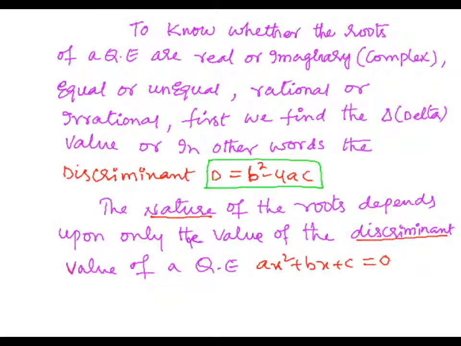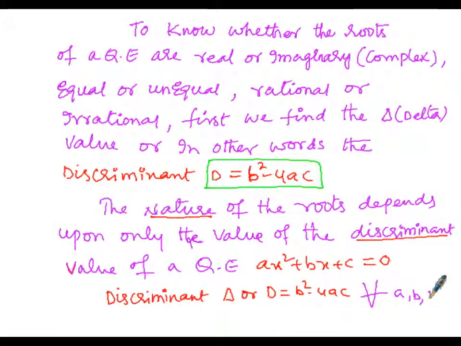Now here the discriminant delta or D is given by b square minus 4ac for all a, b, c belonging to the real numbers.